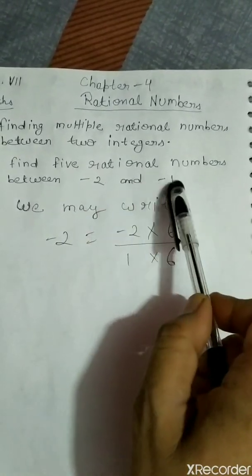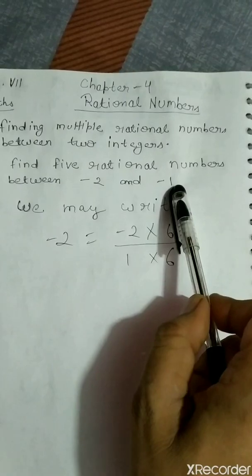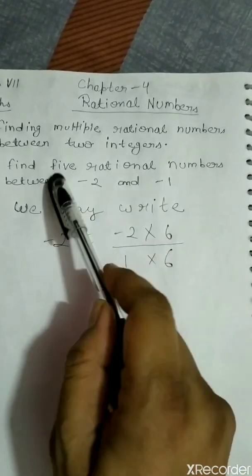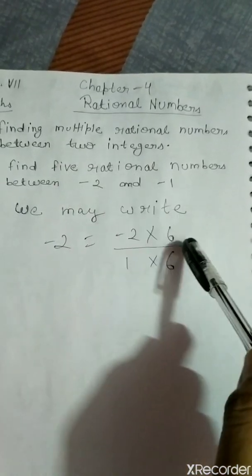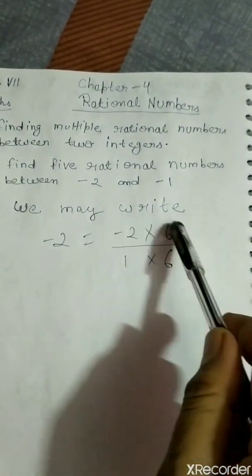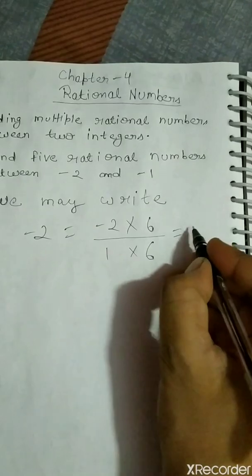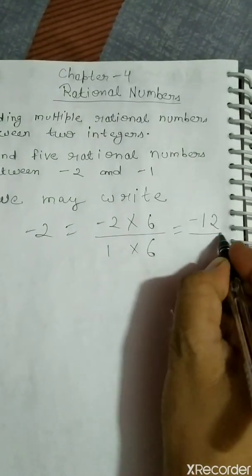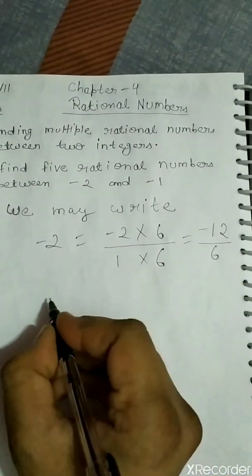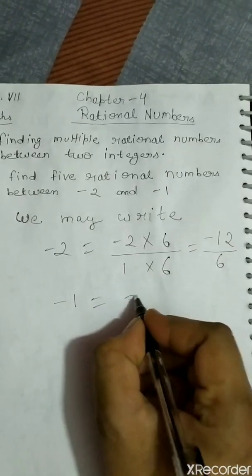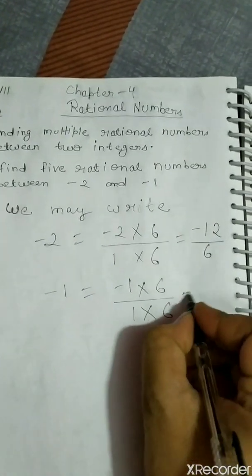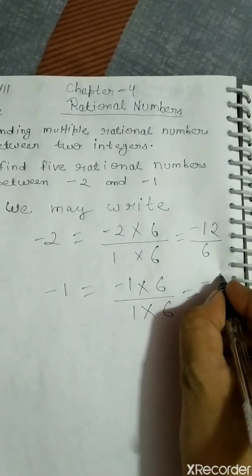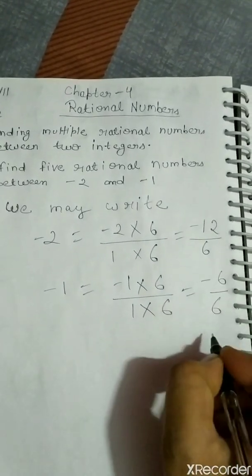When the two numbers are consecutive and you need 5 numbers, then one more than 5, that means 6, you will multiply the numerator and denominator with. That gives -12 by 6, and -1 equals -1 into 6 by 1 into 6, so we get -6 by 6.